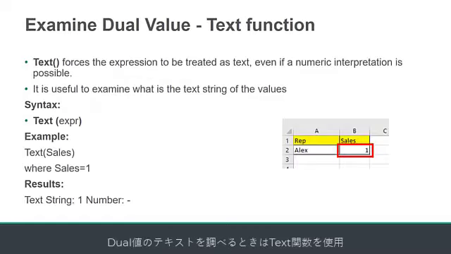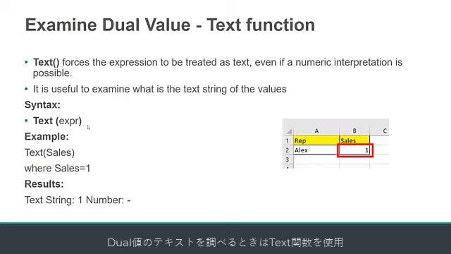Okay, now let's examine the values. Firstly, the text function. We can use the text function to examine the text string of the values. Text forces the expression to be treated as text. The syntax is text bracket expression.